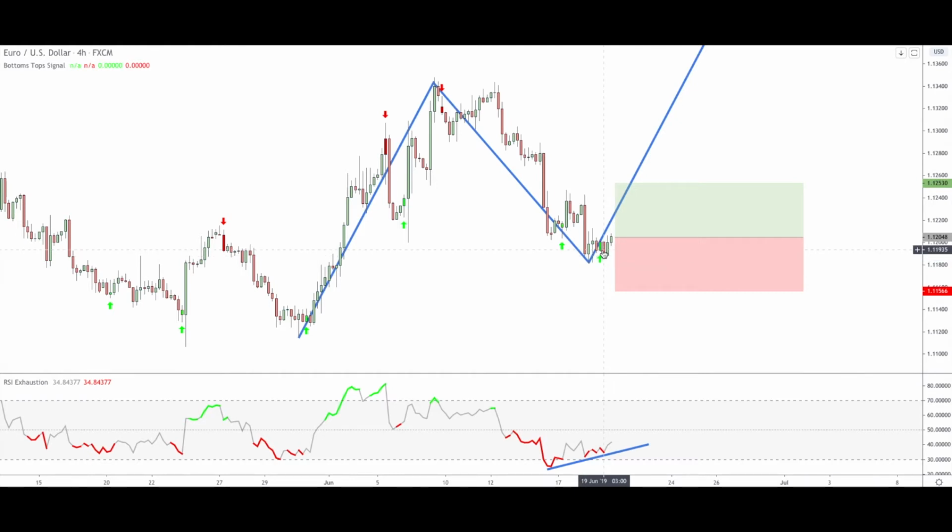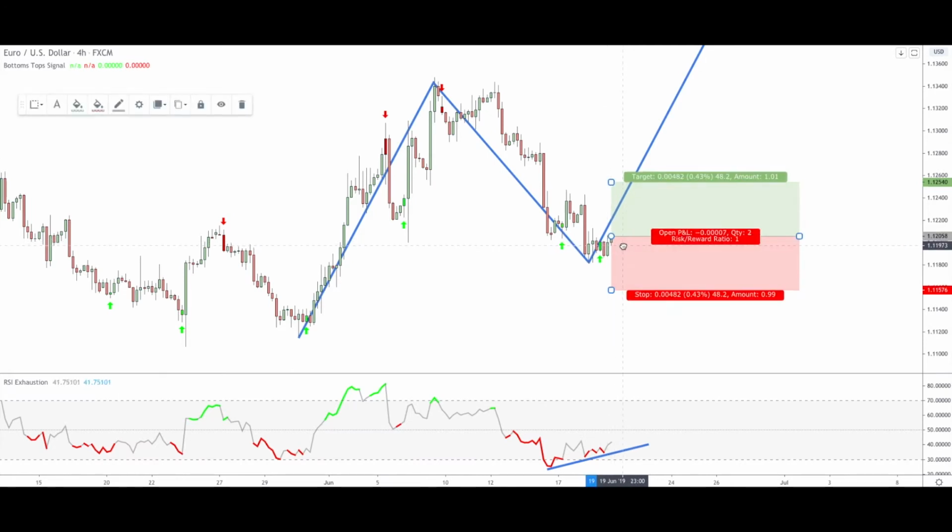You should always wait for the close of the next candle so that you are sure that the previous bottom or top is confirmed. So it was confirmed at the close of this candle, which is lower than the previous candle. So I just prefer to wait a bit more, and then I got another candle here and another one which went past the previous levels. So I decided to enter here.